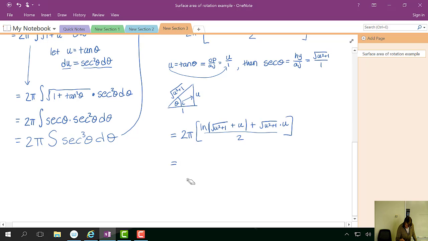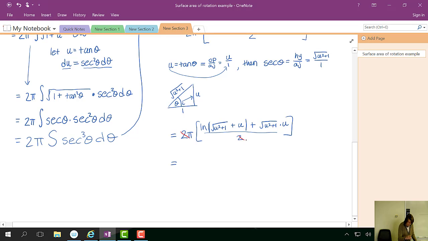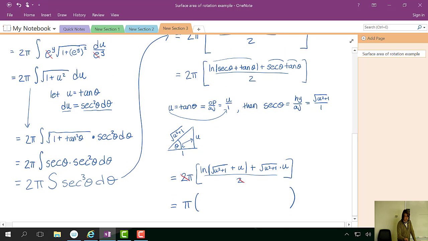And while I'm here, let me cancel out these 2's. Cool, and then the final step is, we remember, what was our first substitution? We let u equal e to the y, right?